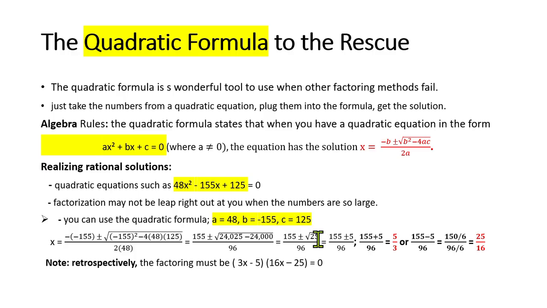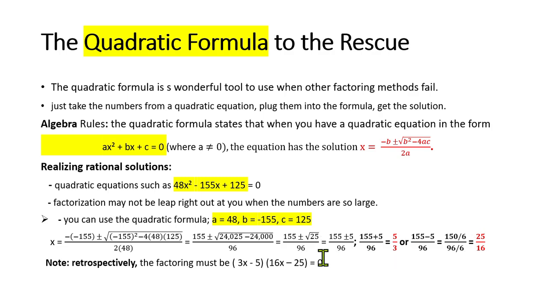If that number is not a square, then you still have a square root, a radical number. If you have a radical number in the solution, then you cannot express it as a fraction like this.